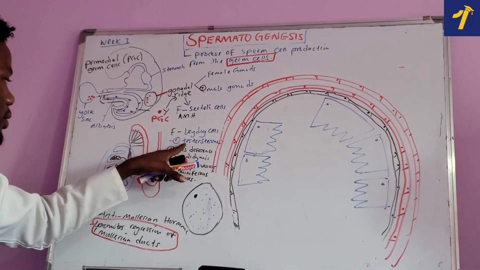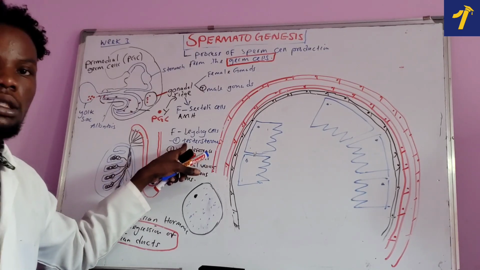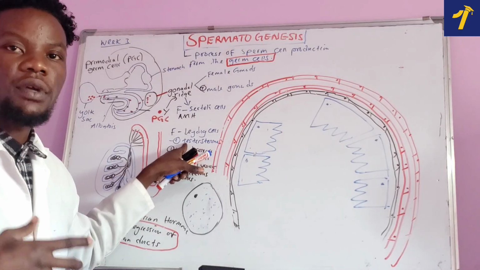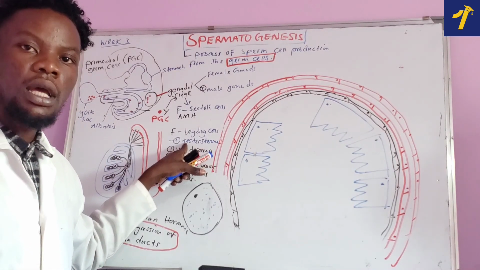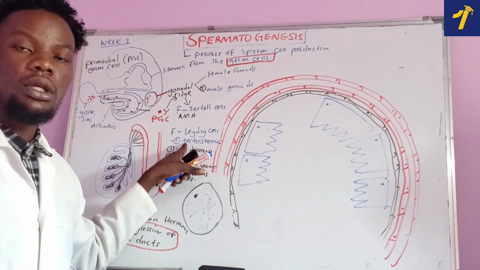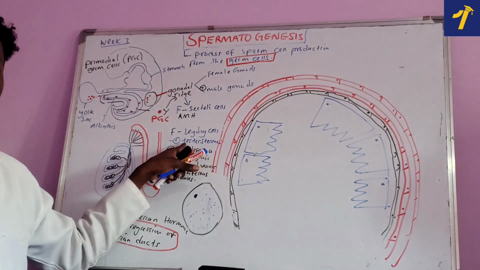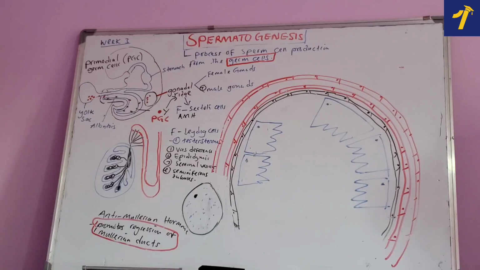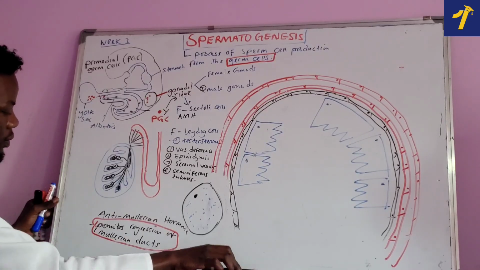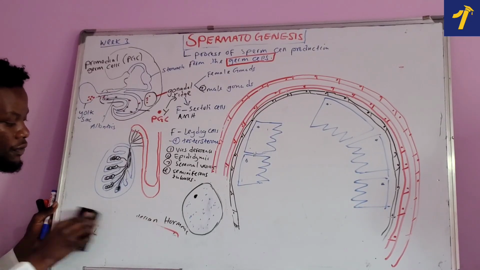So for testosterone to promote the development of external structures like the penis and the testes, it has to be converted into dihydrotestosterone. Okay, so maybe you can write that one.